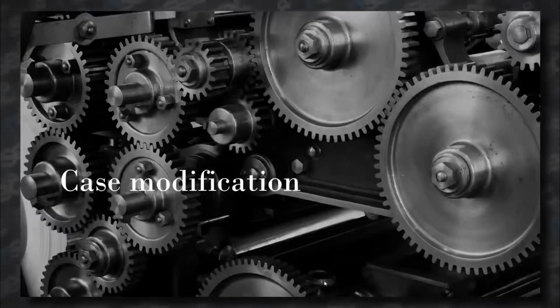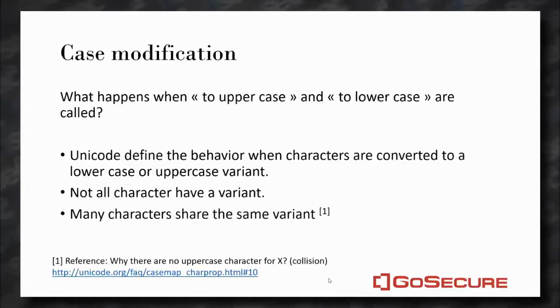So I'm going to jump to case modification, which is pretty similar to normalization, as you're going to see. A case modification is every time we do a to-uppercase or to-lowercase transformation. Unicode defines the behavior for every character, what the result should be for the uppercase and lowercase transformation.